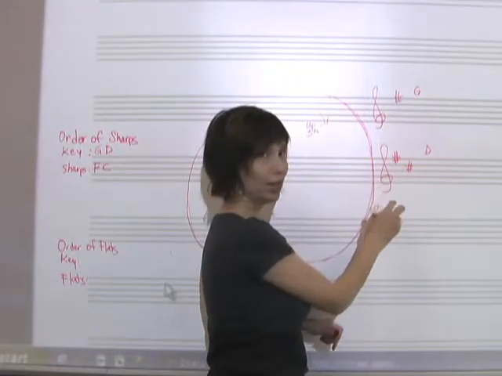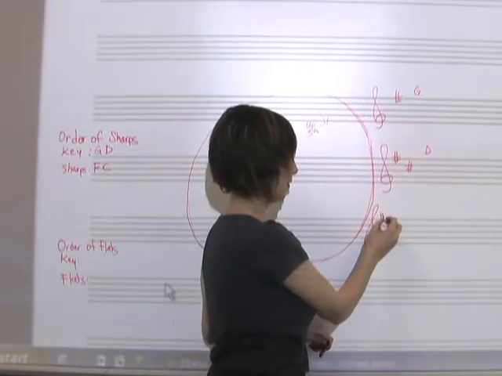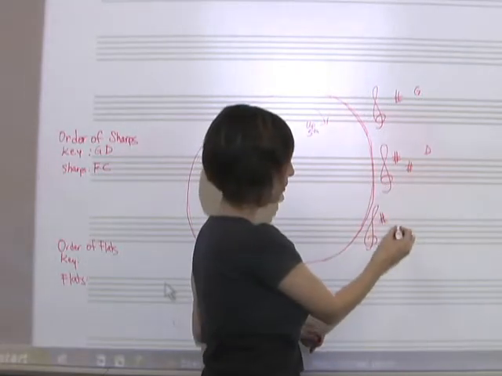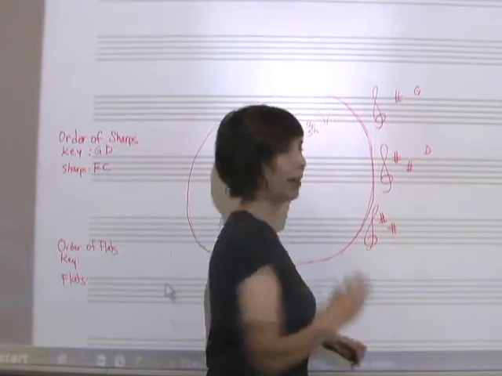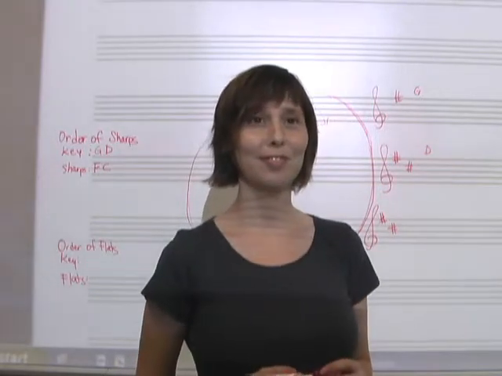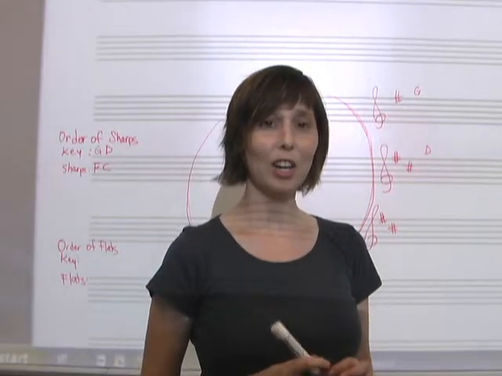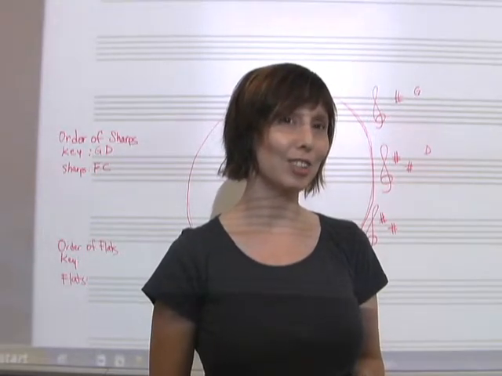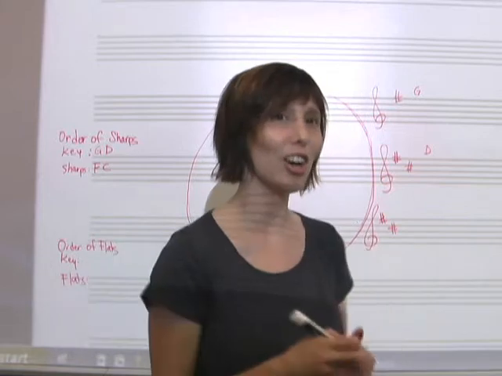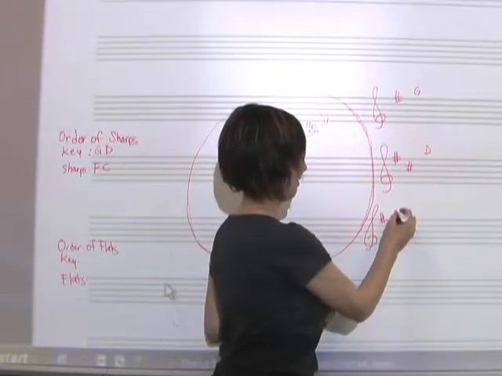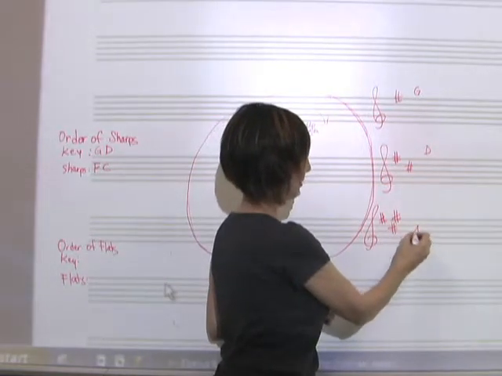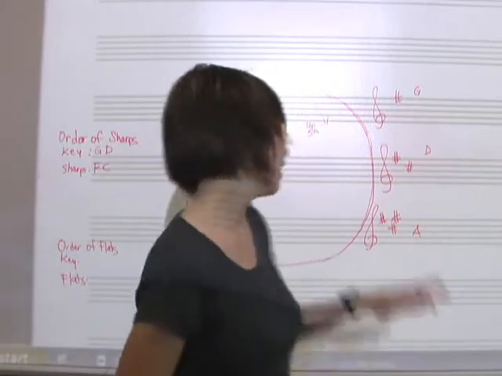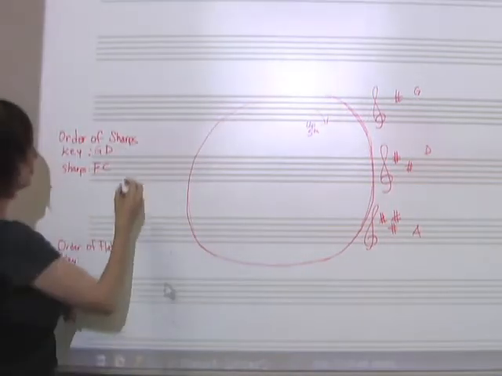It's going to have this F sharp, this C sharp, and what? The note that's a half step below A. And that note is G sharp. Okay, and I'll write that over here.